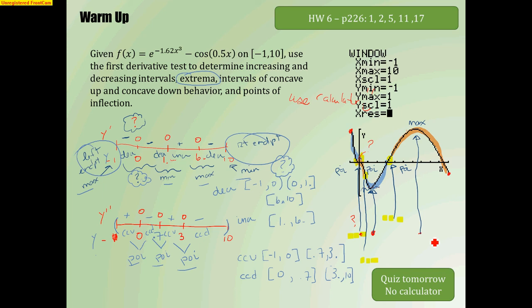No, Wednesday is class day, Thursday is the quiz, and then Friday we will go on with optimization problems, and I'll have another video ready for you where I go through the rest of the examples on this handout, 4, 5, 6, 7, and 8. And you will have class time on Friday to either watch those videos or to work on the book problems and work together on book problems so that your weekend is a little bit nicer.